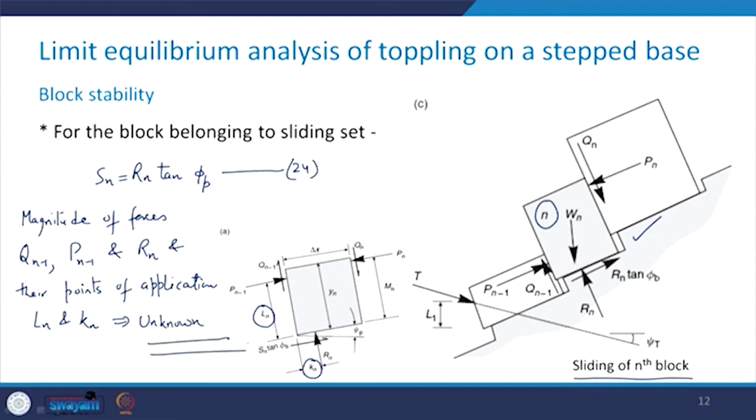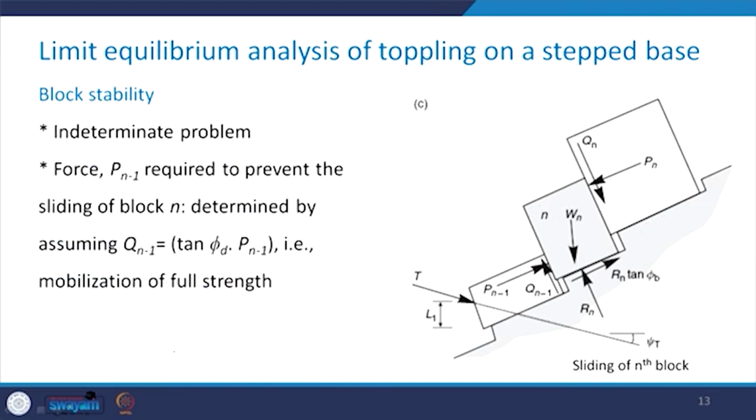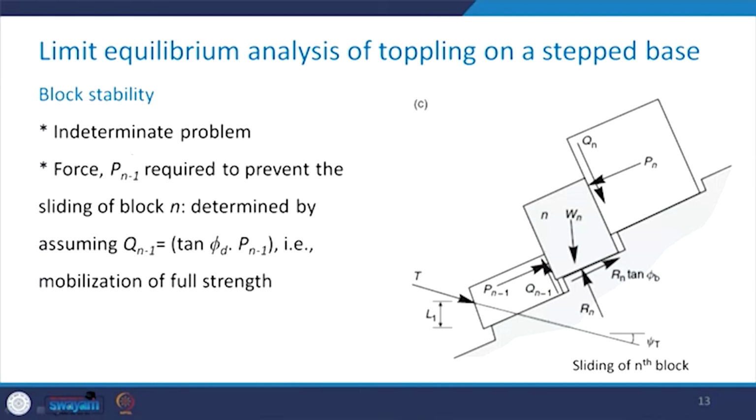The question is, if all these are unknown, how will we get the solution? This is a kind of indeterminate problem. In order to make it determinate, we need to make an assumption. The assumption is that the force Pn minus 1, which is required to prevent the sliding of the nth block, is determined by assuming Qn minus 1 to be equal to tan of phi d into Pn minus 1.